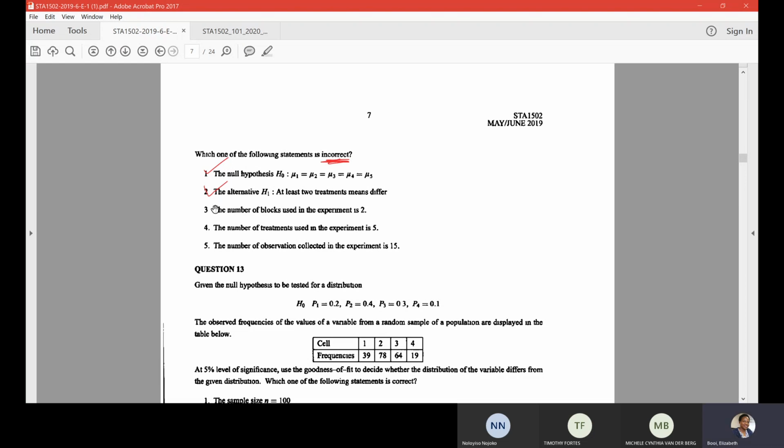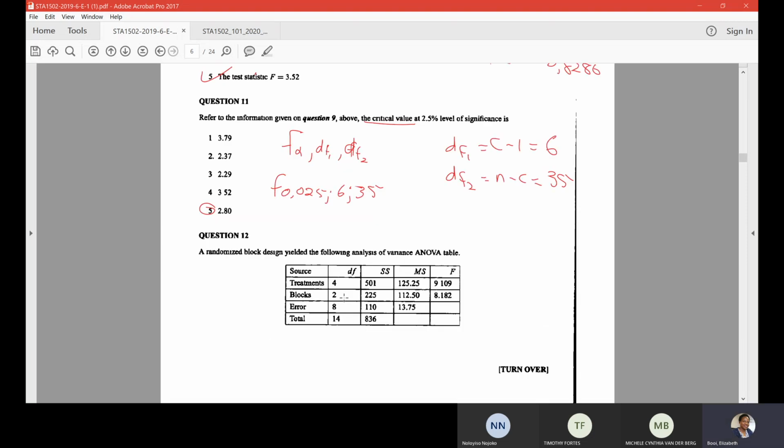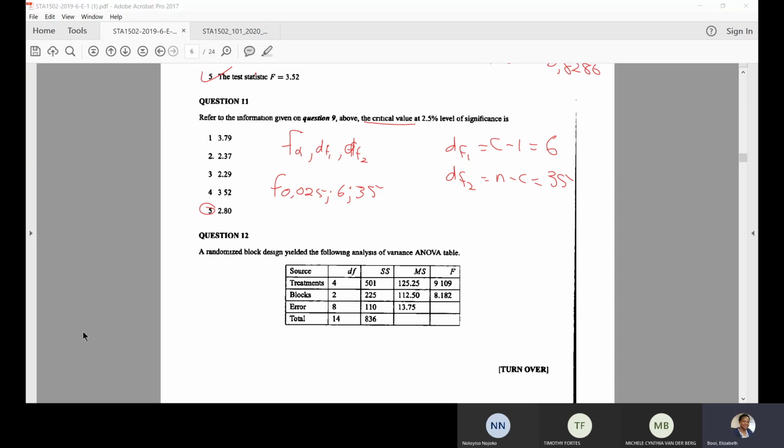Then we need to find the number of blocks used. So how will you know the number of blocks? You need to know the degrees of freedom.